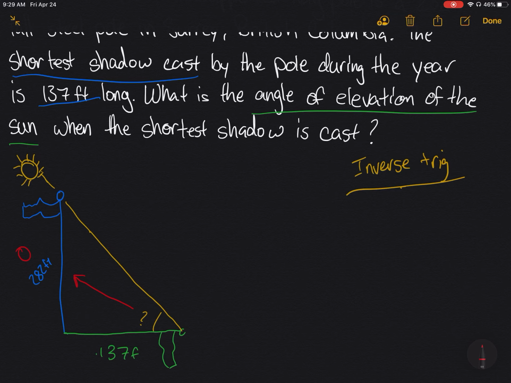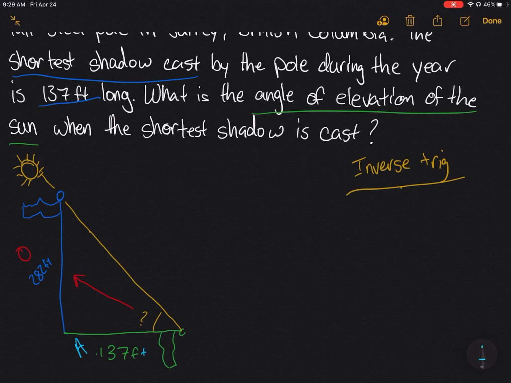The hypotenuse is the length between the top of the flagpole and the top of the flagpole shadow. That's kind of the path of the sun's light, or lack thereof, if you consider what a shadow is, right? So our other side, our 137-foot side, is going to be our adjacent side.